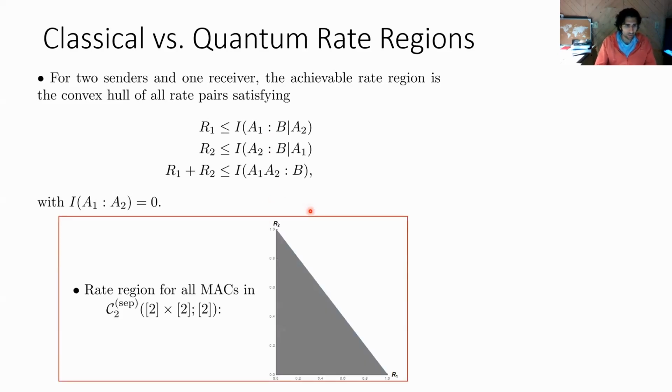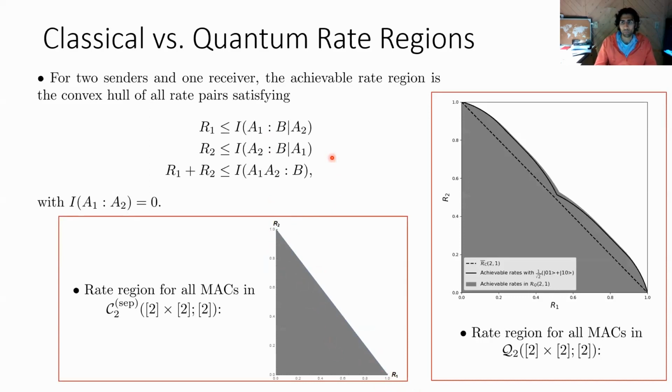First, it's fairly easy to see that if you have one classical particle, your rate region just looks like this. You're basically one bit of communication for each sender, and then it's just the convex hull of that. But for the quantum max, you get something that's more interesting.